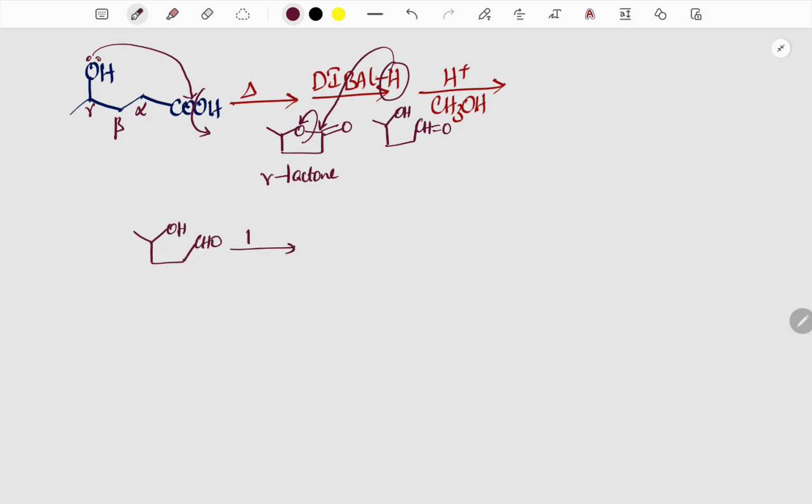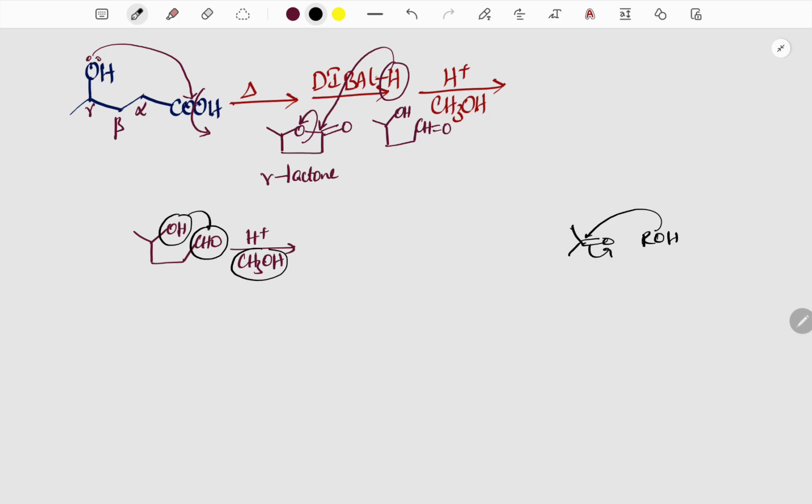Now it is treated with H plus and methanol. So here the aldehyde group is present and here alcohol is present. We know that when aldehydes and ketones are treated with alcohols, we take the reaction like this.